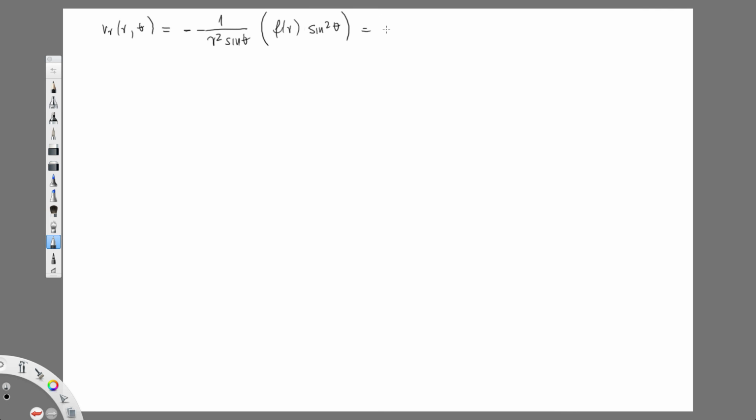And that is minus 2 f of r cosine theta divided by r squared. So this has to tend to v infinity cosine theta as r tends to infinity.